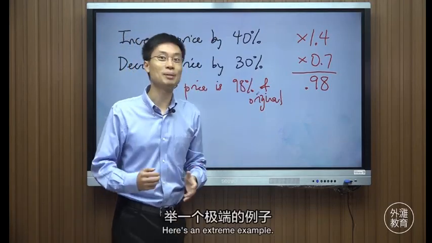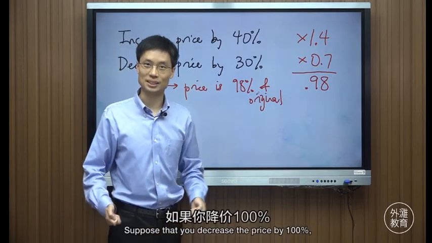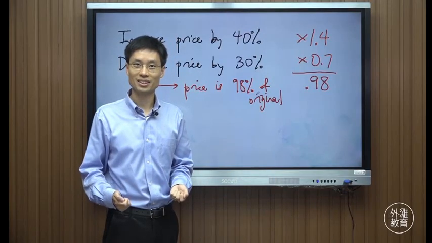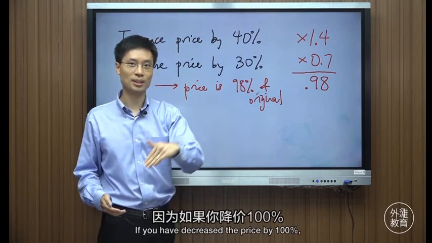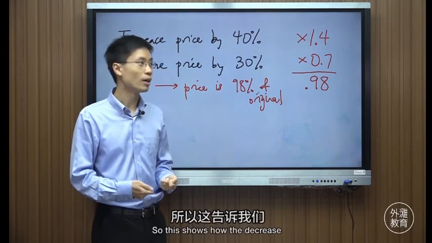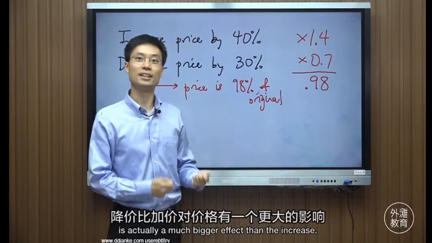Here is an extreme example. Suppose that you decrease the price by 100%. Then how much do you need to increase it by to get it back? Well, you can't. If you have decreased the price by 100%, you're already at 0. So this shows how the decrease is actually a much bigger effect than the increase.